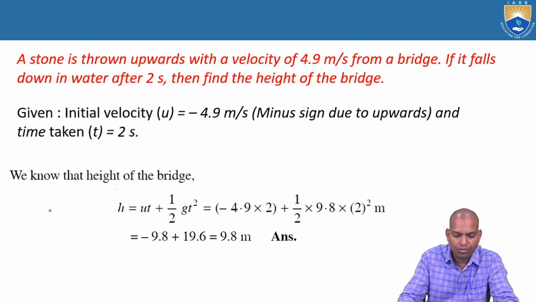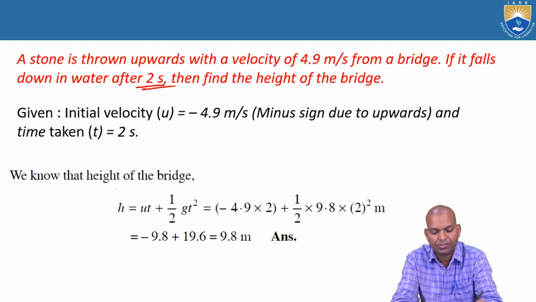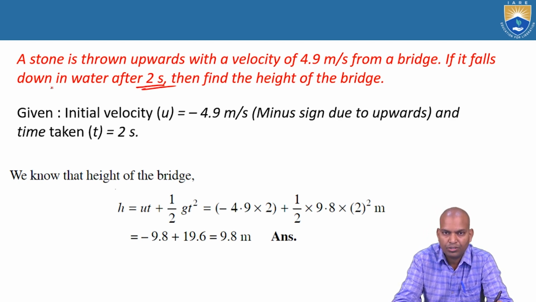A stone is thrown upwards with a velocity of 4.9 meter per second from a bridge. If it falls down in water after 2 seconds, find the height of the bridge.